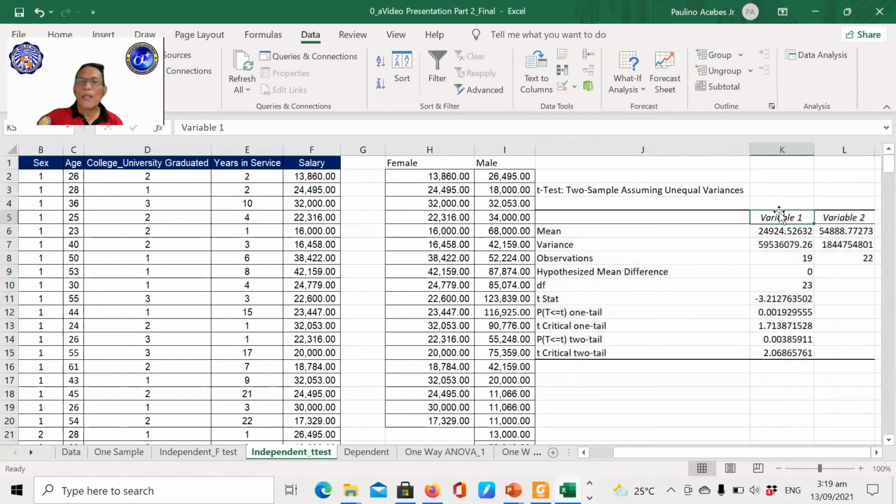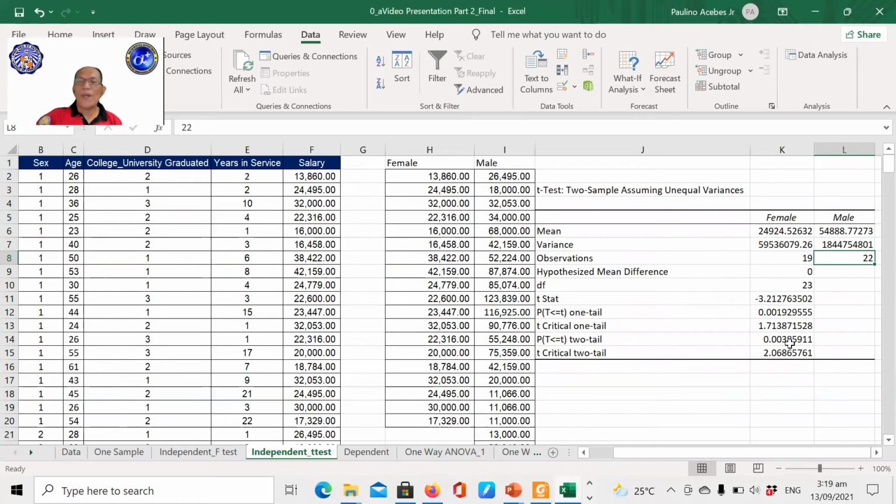Again, this is for the female. Okay, so we have female and male. So the mean for the female is about 24,924, and the mean salary of the male is 54,888.